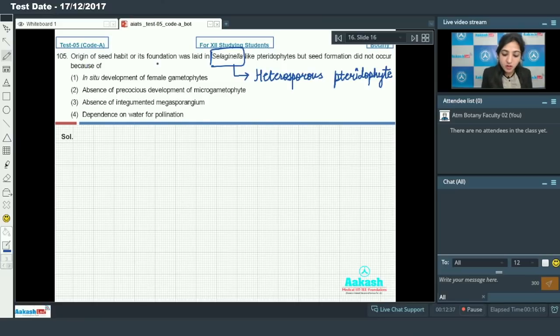Okay, so origin of seed habit or its foundation was laid in Selaginella, that means Selaginella acts as a precursor of the seed habit, but seed formation did not occur because in situ development of female gametophyte, incorrect. Absence of precocious development of microgametophyte, no. Absence of integumented megasporangium, this is correct. And dependence on water for pollination, this is incorrect. So by this, answer to this question is option number 3.